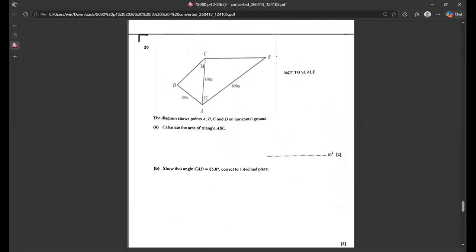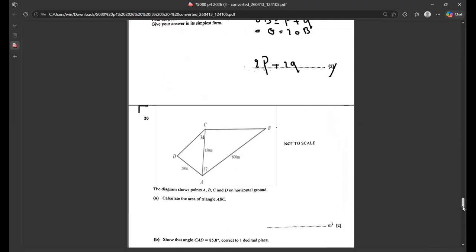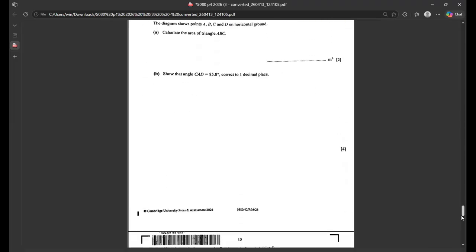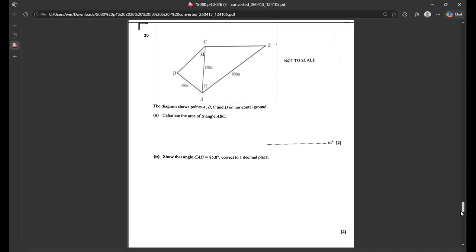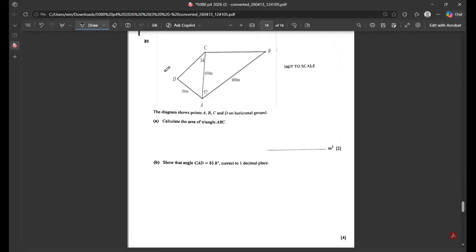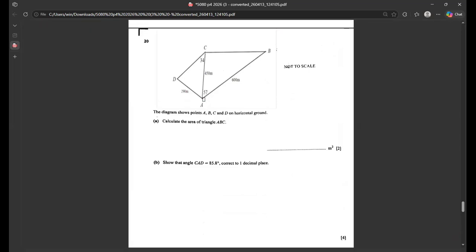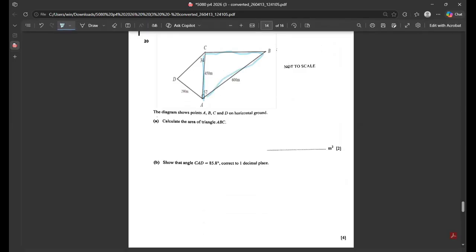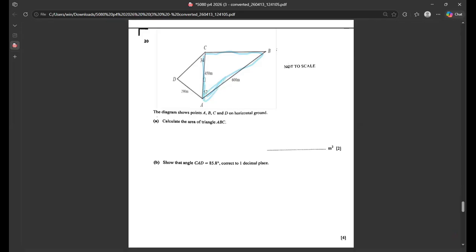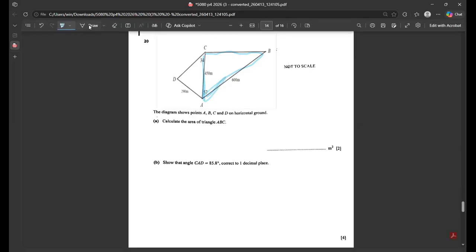The next here, question number 20. So here we have a triangle ABC, and he needs you to calculate the area of the triangle ABC here, which we have these sides, and we have an angle in between, so we use the sine rule easily.